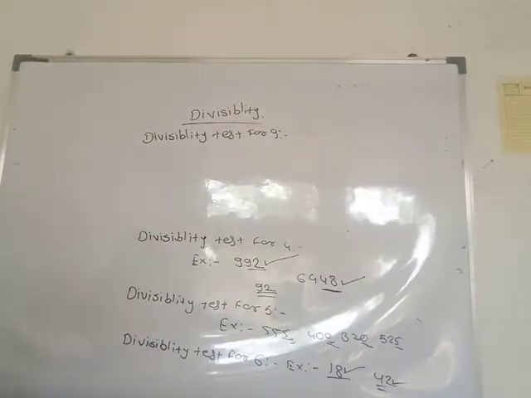If the sum of the digits of a number is completely divisible by 9, then the number is divisible by 9. Example.